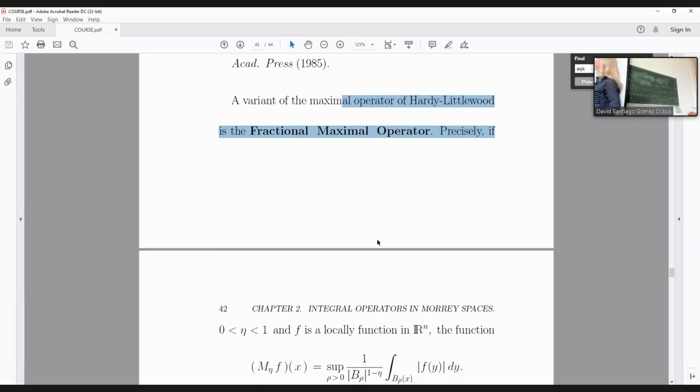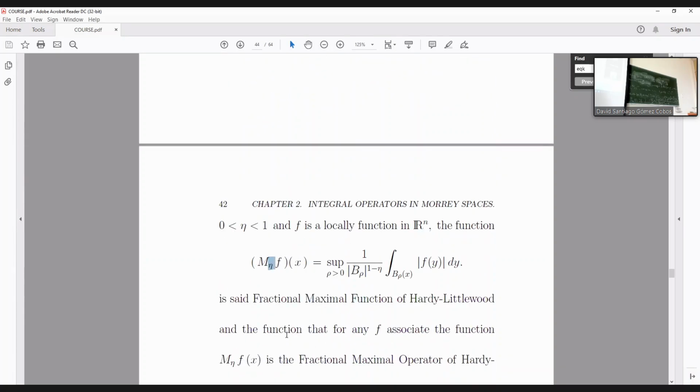The fractional maximal operator is the function m eta f, the supremum over rho more than 0 of 1 over the measure of b rho with exponent 1 minus eta, times the integral in b rho x of f. This function is called the fractional maximal function of Hardy-Littlewood.